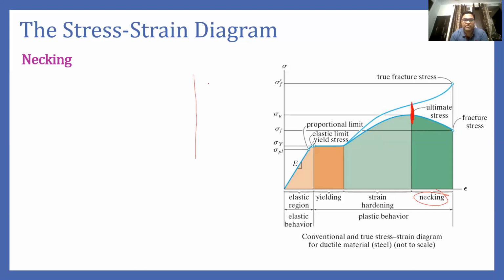If we look at our specimen and apply load, it elongates uniformly. But when we apply load beyond this, it will have some localized stress. In the localized region, for example the central region, the cross-sectional area may decrease like this.